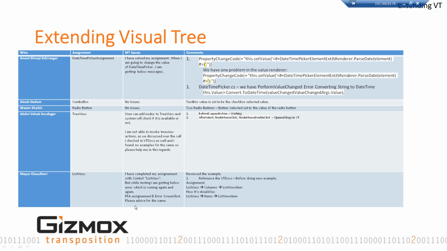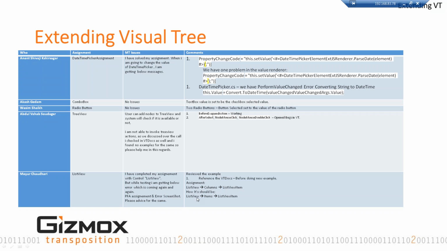The last one I have reviewed was the list view. Before creating an example, you must use the VTDocs as a reference. You can't create a new control based on the .NET we are using or the MSDN, so you should always refer to the VTDocs. For this example, it was like list view, tag of columns, and inside VT list view item.